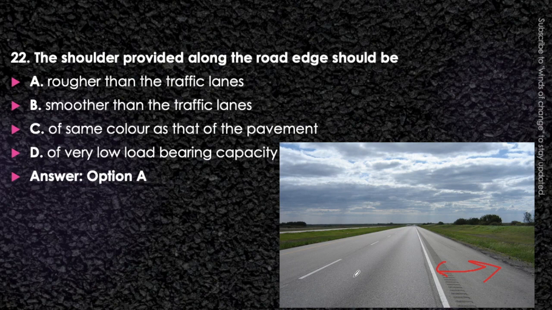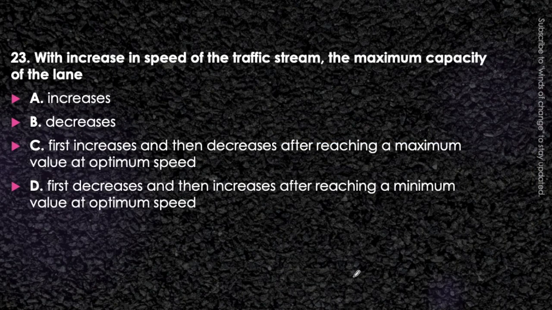Okay, next question. With increase in the speed of the traffic stream, the maximum capacity of the lane increases, decreases, first increases then decreases after reaching a maximum value at optimum speed, or first decreases and then increases after reaching a minimum value at optimum speed. What will be the answer? Just think about it. If we increase the speed of traffic stream, then what will happen to the capacity?